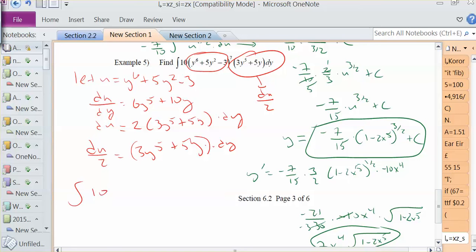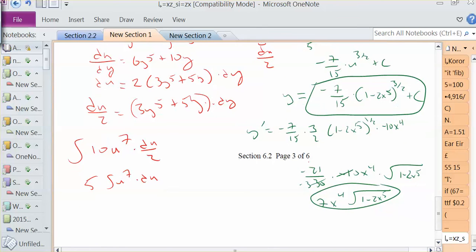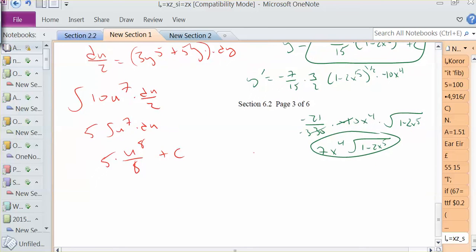So I have 10 u to the 7th times du over 2. 10 over 2 is 5. And I can pull that out to the left. And then I take the antiderivative, so u to the 8th over 8 times 5 plus c. And of course, u is y to the 6th plus 5y squared minus 3.